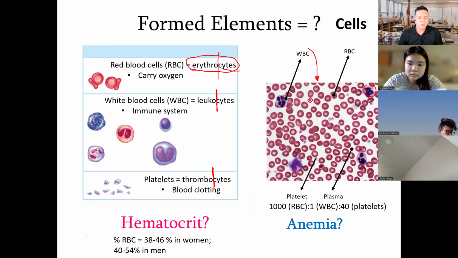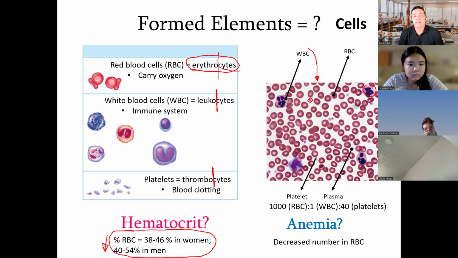Now, what if you do a hematocrit test and then you get the result from the hospital and your results show a lower percentage of red blood cells than the average, than the normal right here? So guys, now you are officially anemic, okay?